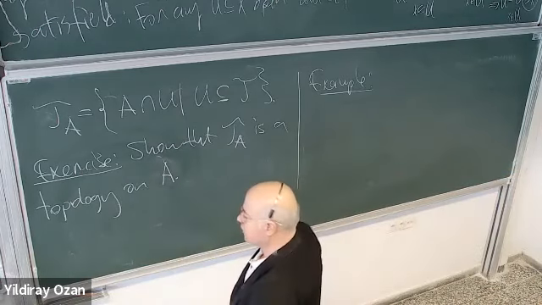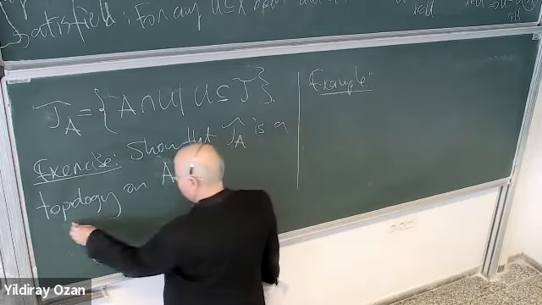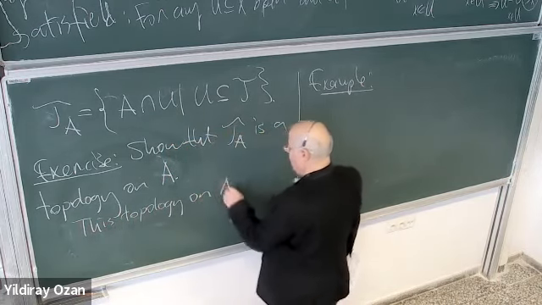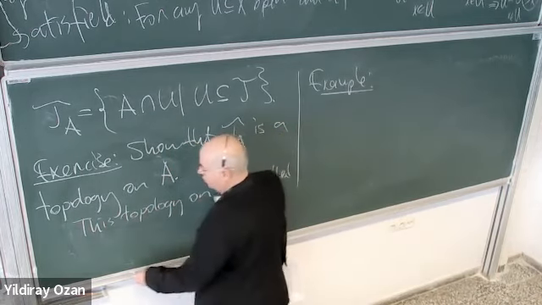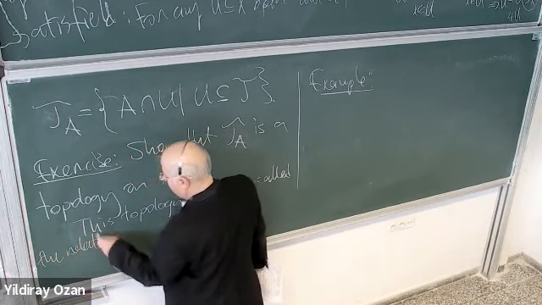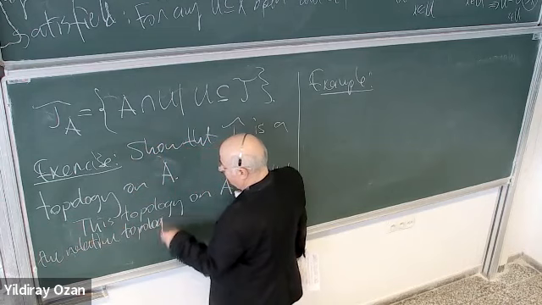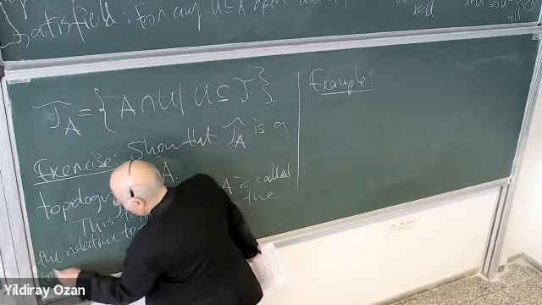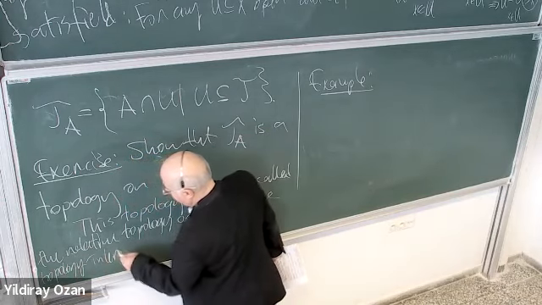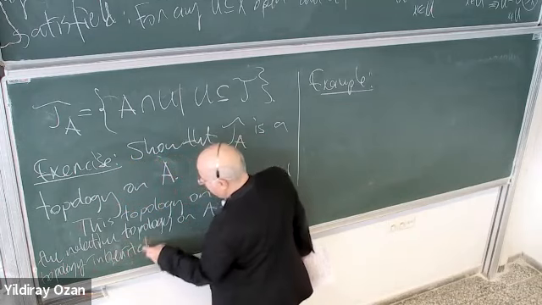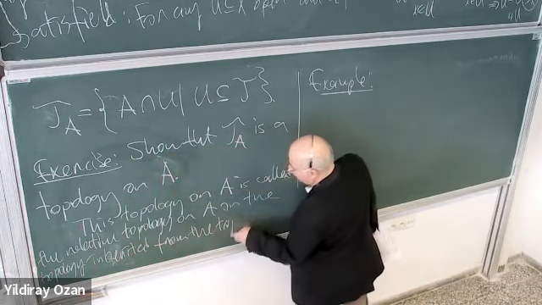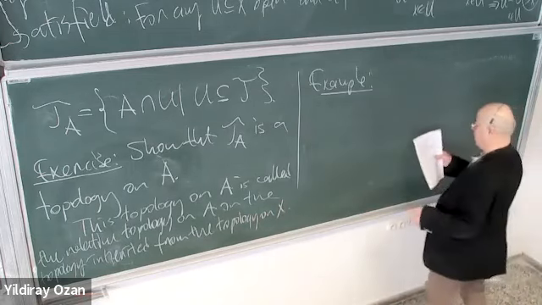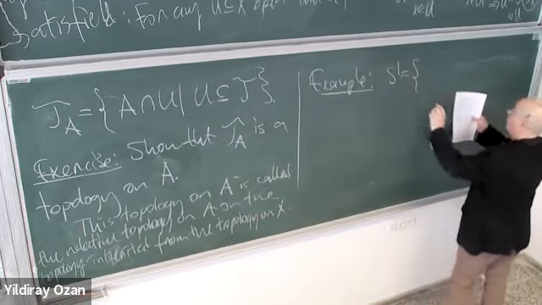I did not say it here, though, did I? Let me put it this way: this topology on A is called the relative topology on A, or the topology inherited from the topology on X. Yani X'ten miras kalan topoloji gibi.